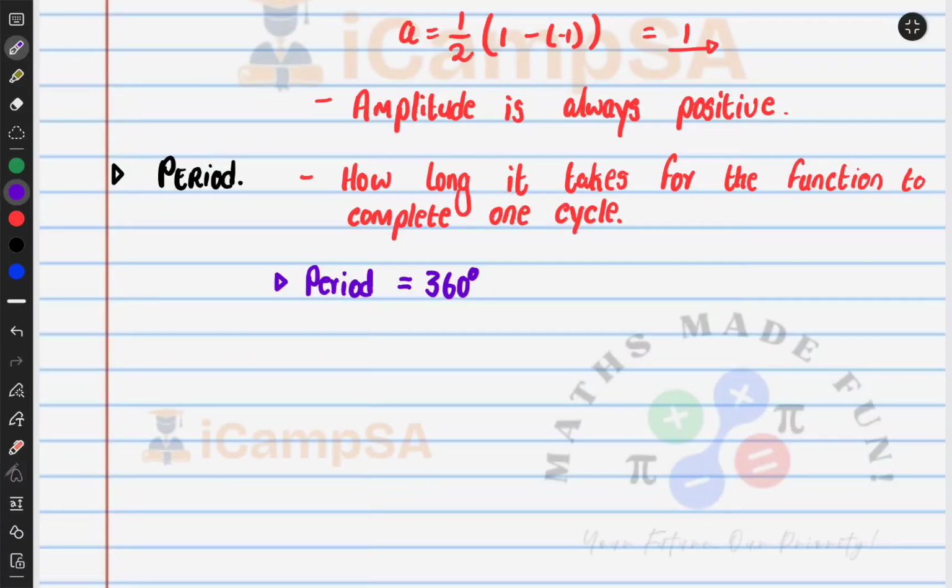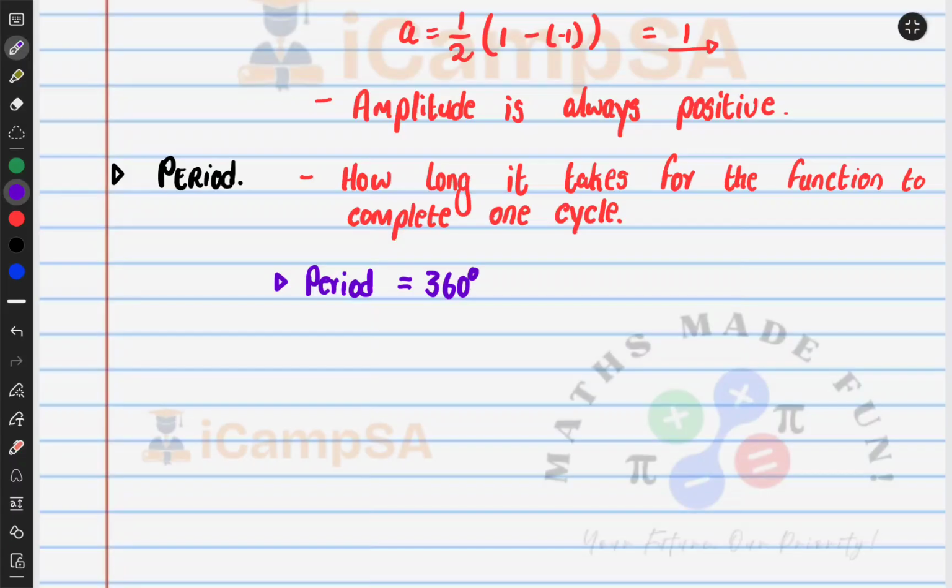With the functions you are dealing with in grade 10, about 95% of the time your function won't be stretched horizontally, because stretching the function horizontally also changes its period.